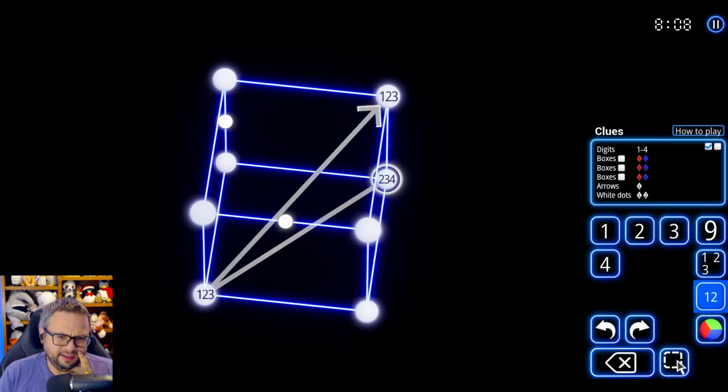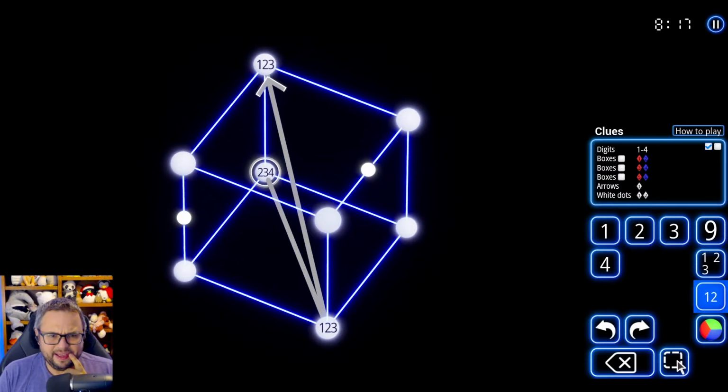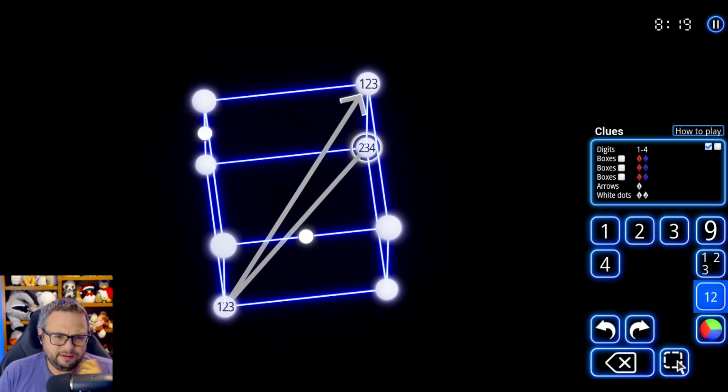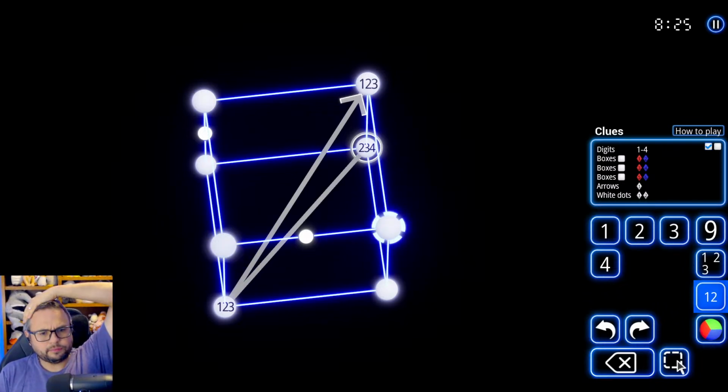So this dot shares a face with both arrow cells. And so this dot had better not be a 1, 2, because if this is a 1, 2, it makes both of these arrow cells a 3. So there's certainly no 1 on here. And if this is a 2, 3, it also doesn't work.